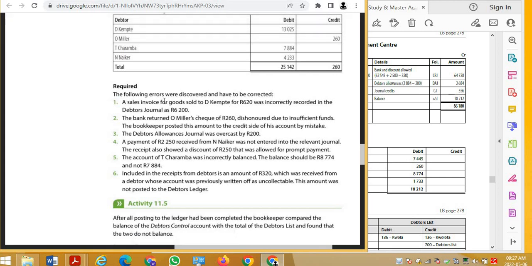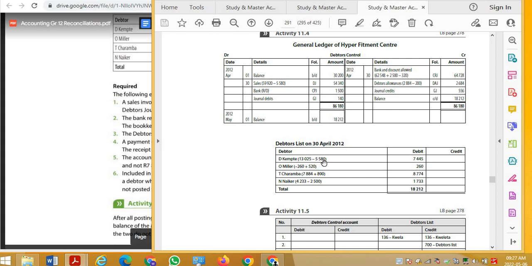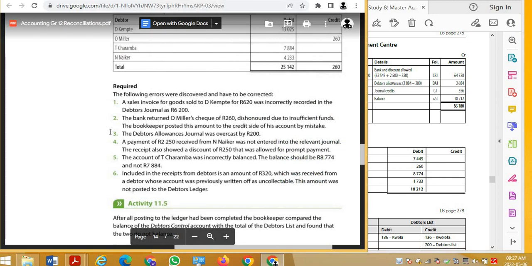So we need to subtract 6,200 minus 620. That gives us 5,580, and that's why we are decreasing his account. He doesn't owe us that amount of money. Same thing with the sales. This person doesn't owe us 6,200 Rand, only 620 Rand. That's why we're taking it off the sales amount, because the journal, the initial point, was incorrect.